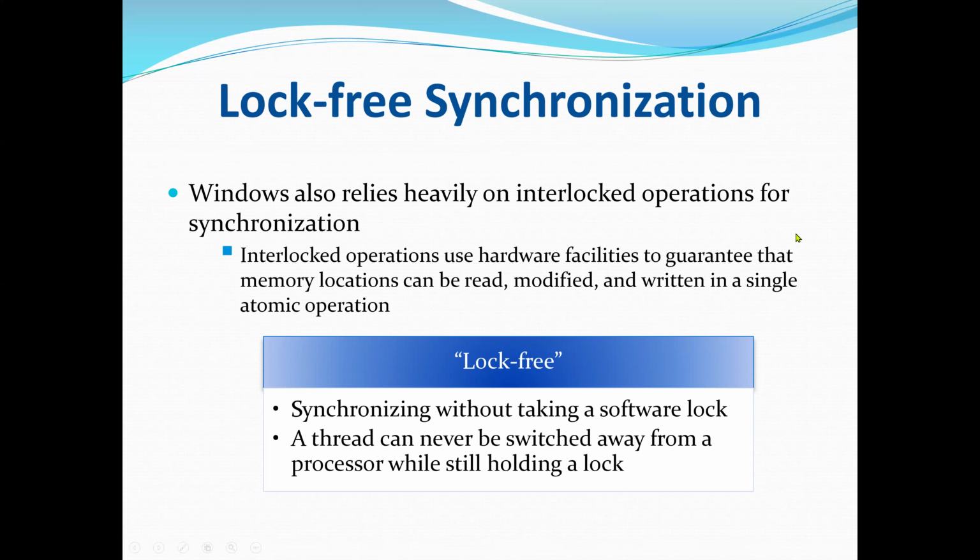Many of the synchronization primitives use interlocked operations within their implementation. But these operations are also available to programmers for situations where they want to synchronize without taking a software lock.